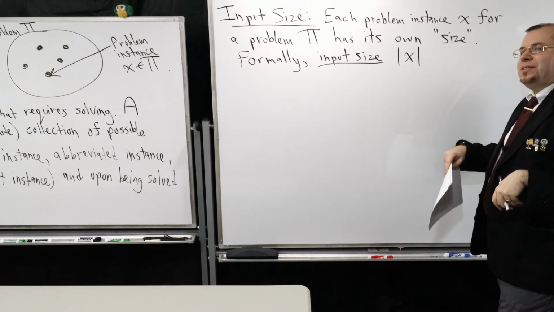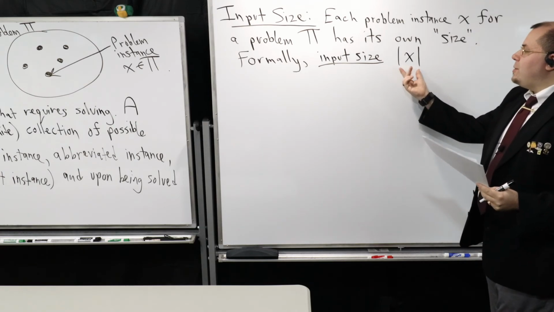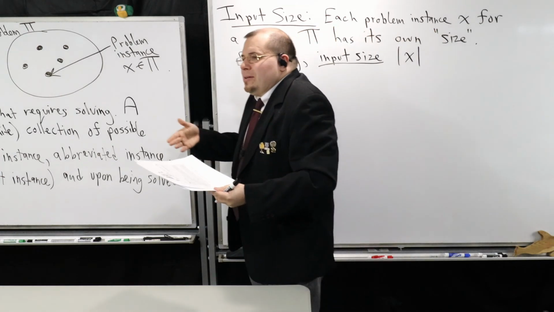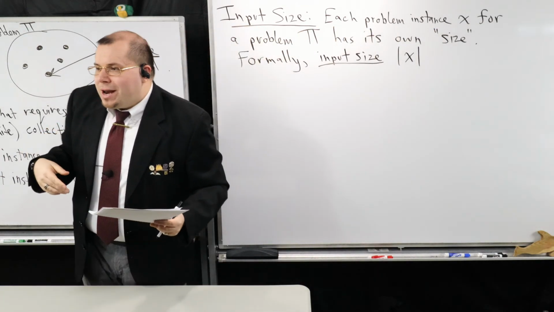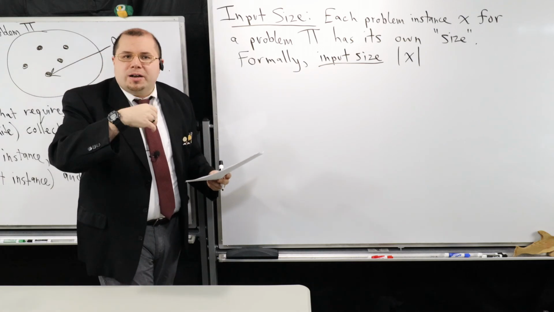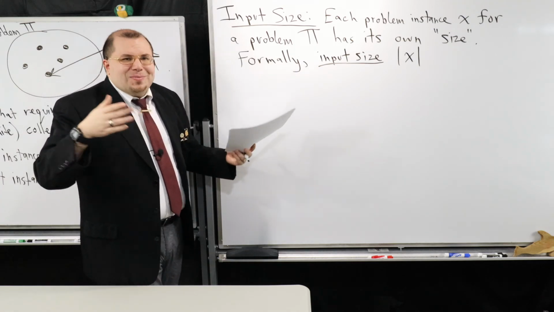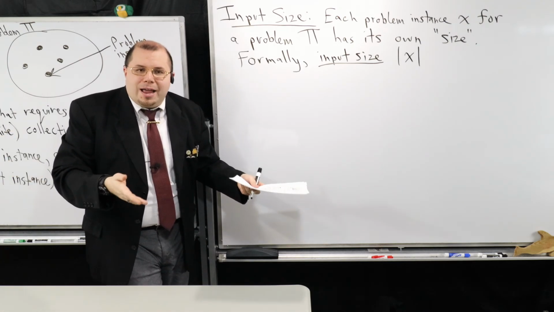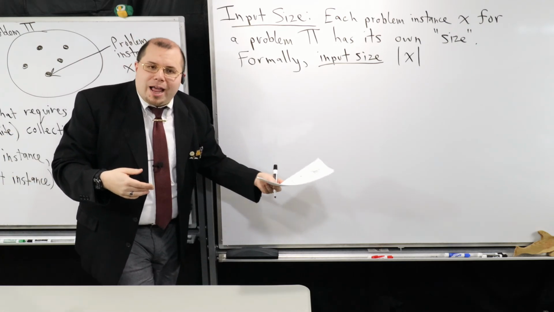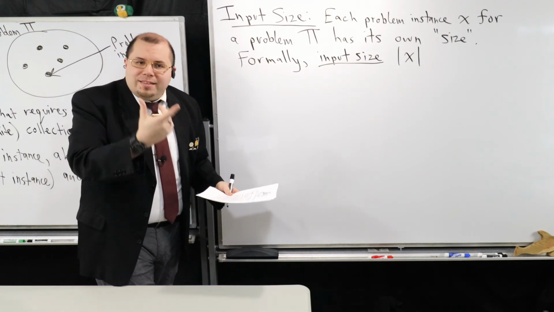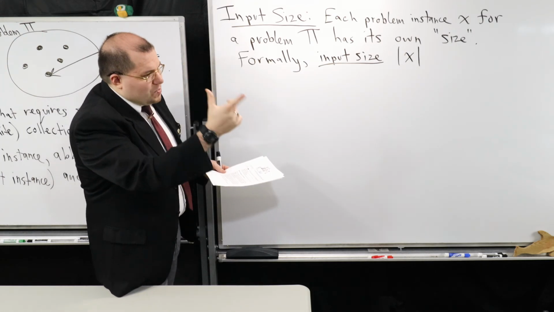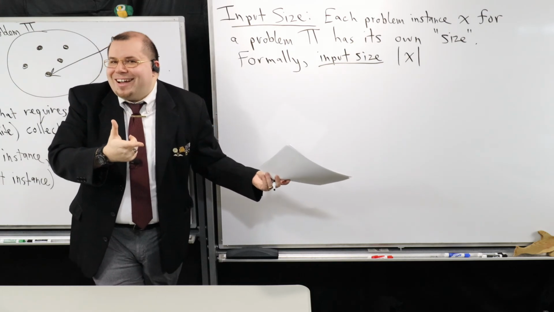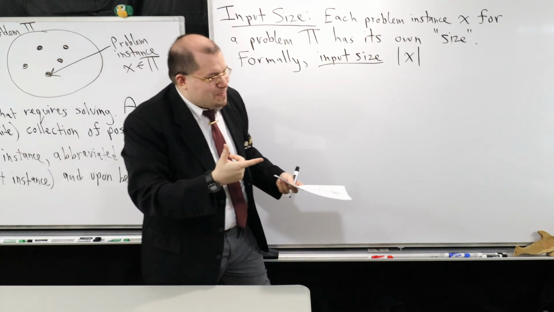the length of this input. Now, if you're wondering what X actually is, remember, if you think about it in terms of a computer, when I want to solve a problem on a computer, say we were considering sorting, and I want to have an input array A, and I want to sort A. Each one of the instances, as I'm going to tell you in a little bit, is an array of length n, where n is just the length of the array.